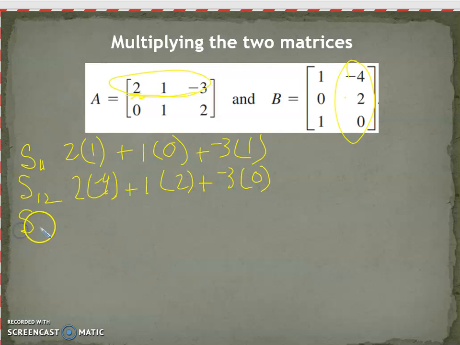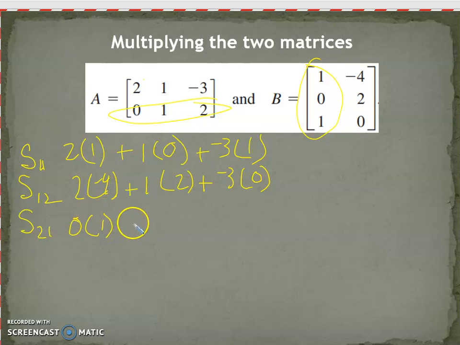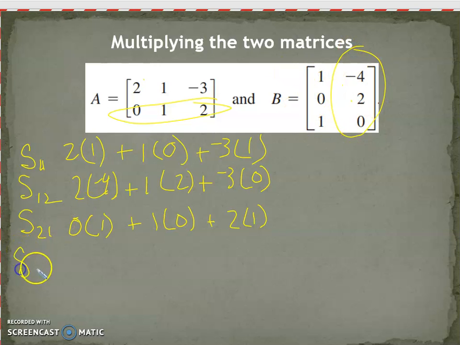Alright, we're also going to do it for the second row. We'll start with the first column, and we're going to go second row, first column, first entry, second entry, third entry. We're going to do the same thing for the second row, second column. First entry, second entry, third entry.